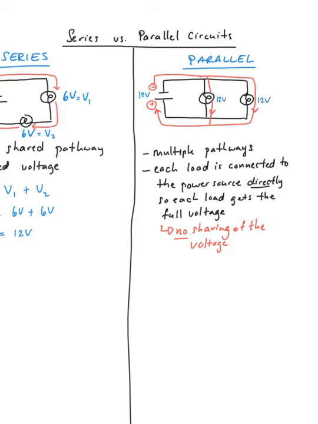There is no sharing of the voltage. So in a parallel circuit, we would say that VT, or V total, is equal to V1, which is equal to V2. No sharing. So the total voltage would be equal to the 12 volts from each one of those.